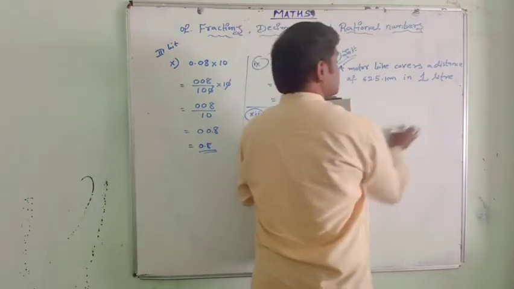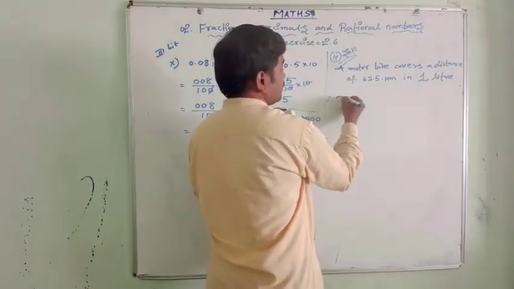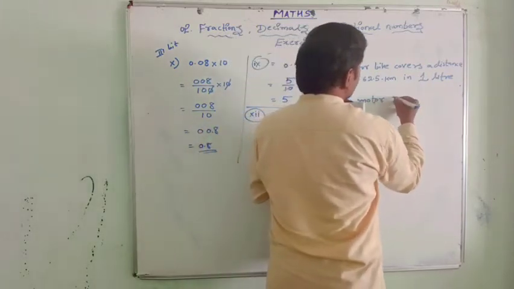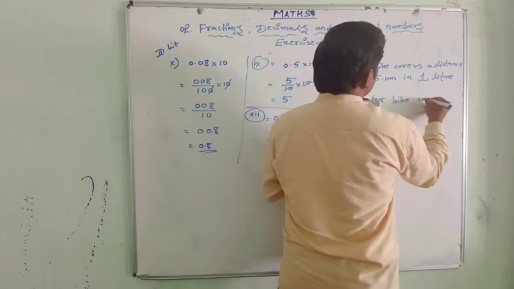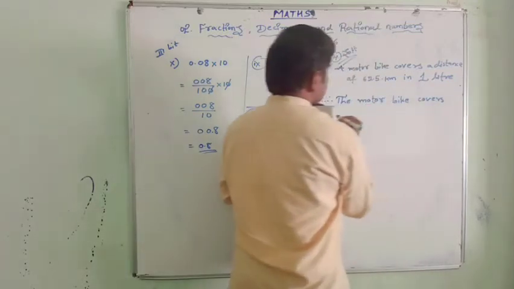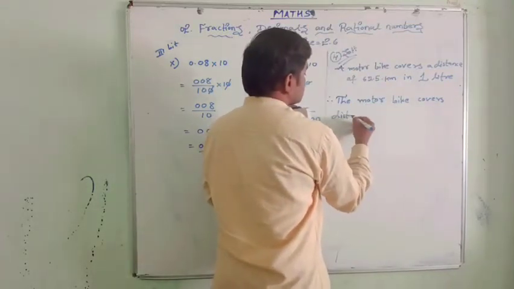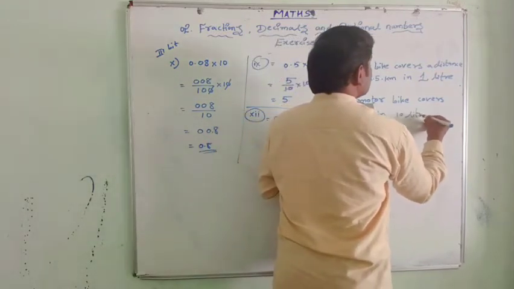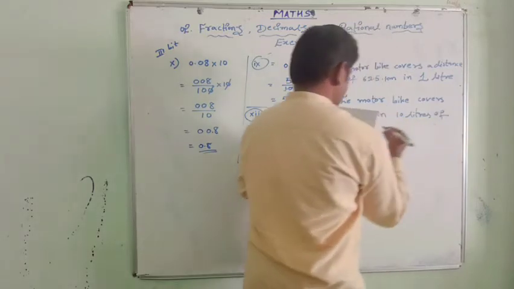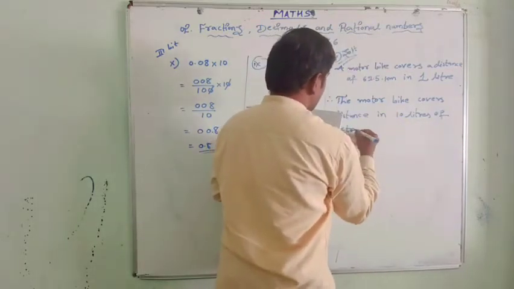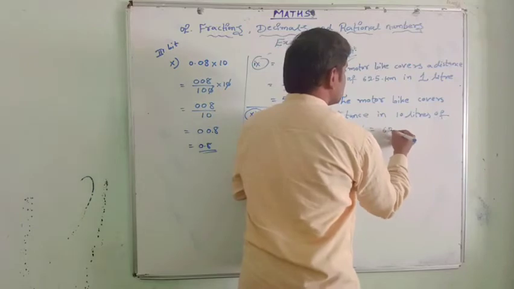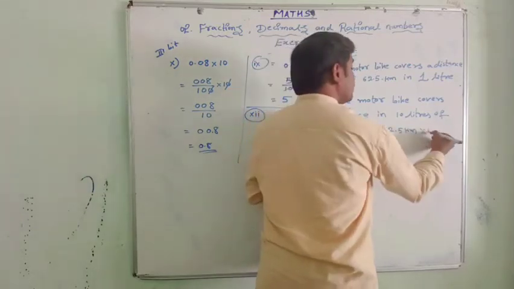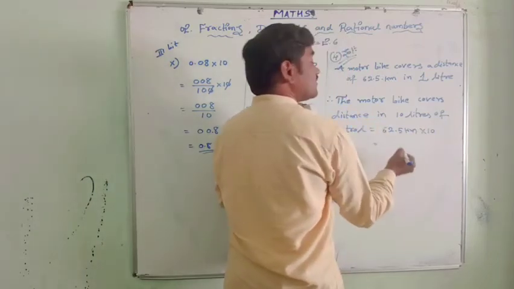So the distance covered in 10 liters of petrol is equal to 62.5 kilometers for 1 liter of petrol into 10 liters of petrol. So how much distance will it cover?